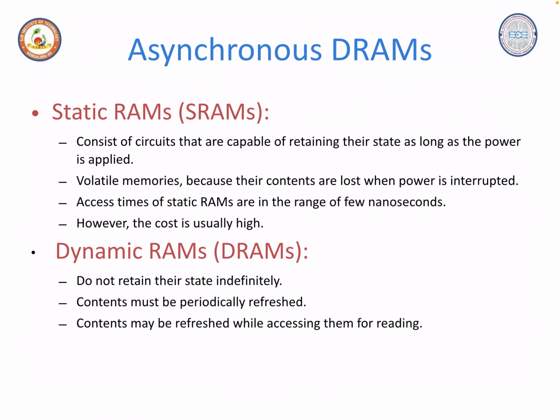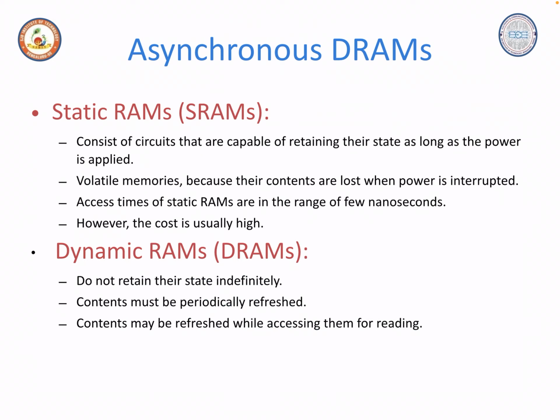Coming to the less expensive RAMs, which can be implemented with simple cells, the problem is that they can't retain the state for an indefinite period. You need to refresh the data. They are called dynamic RAMs.